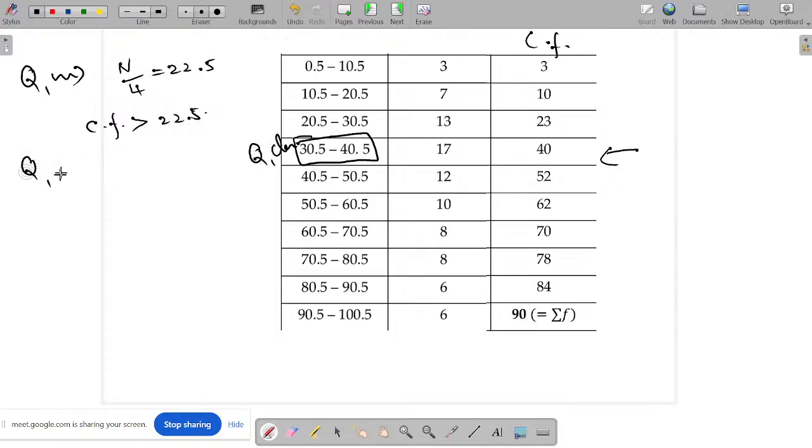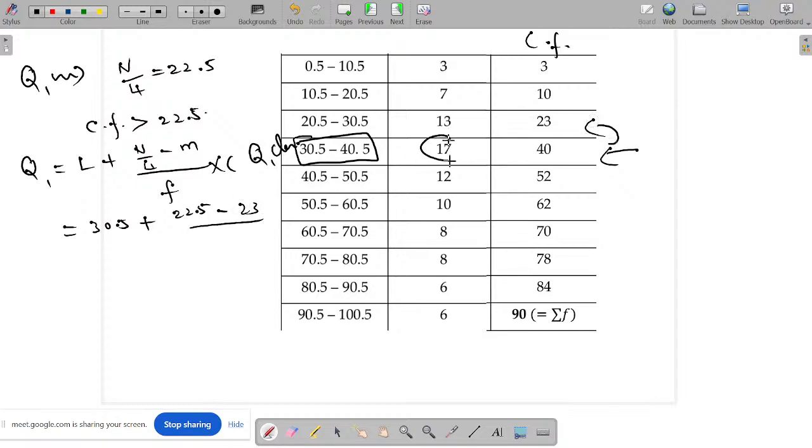Now quartile 1 is L plus (n by 4 minus CF preceding that value) divided by F into C. Tell me, what is L? 30.5 plus n by 4, 22.5 minus the preceding value 23, divided by F, 17 into 10.